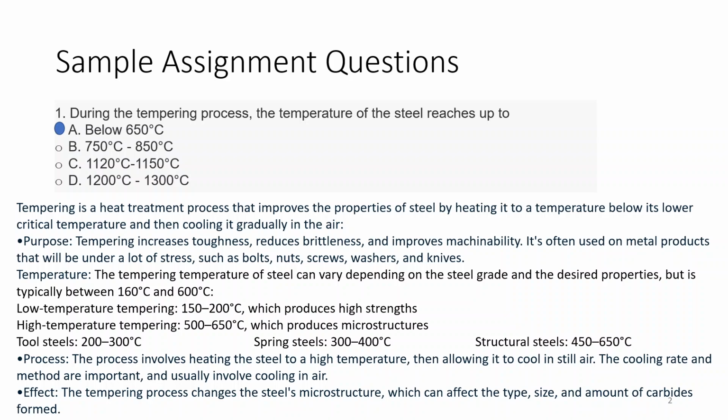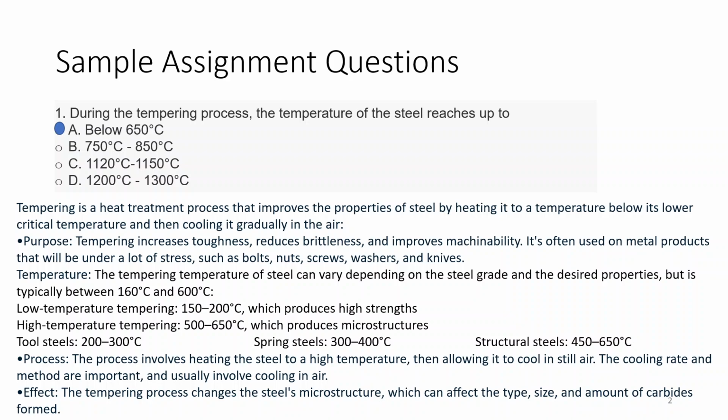So the purpose is that it increases toughness, it reduces brittleness and improves machinability, and it's often used on metal products that will be under a lot of stress, such as bolts, nuts, screws, washers and knives.